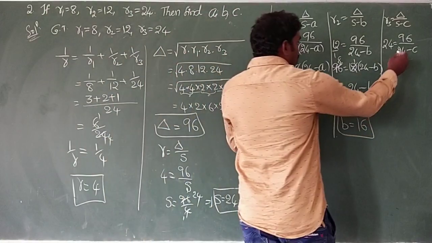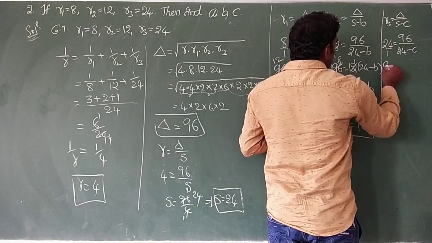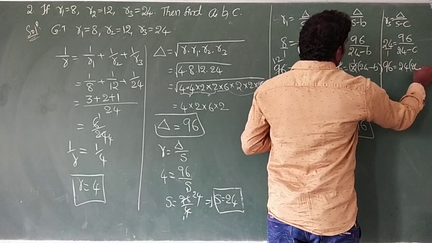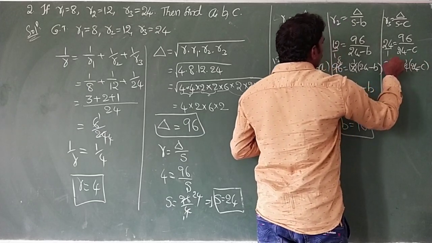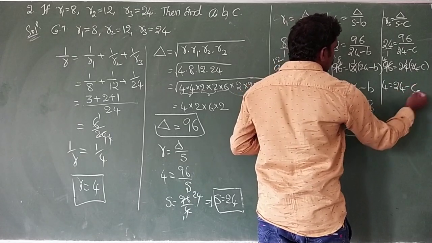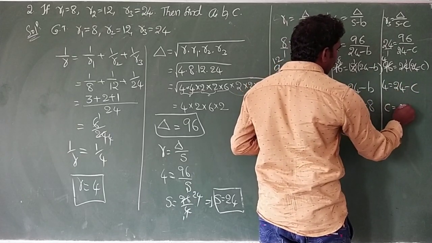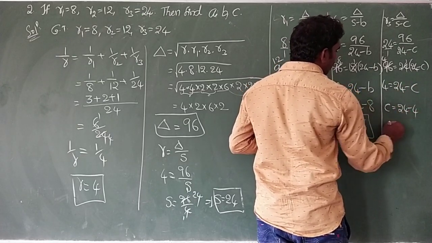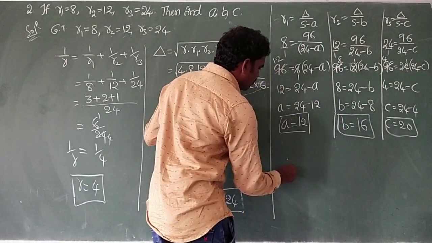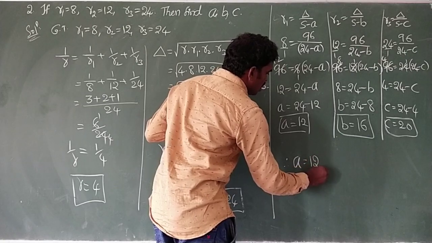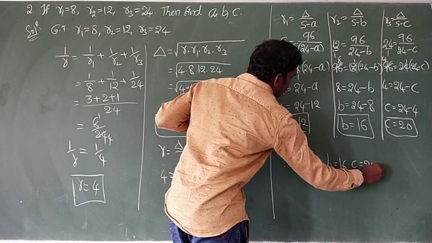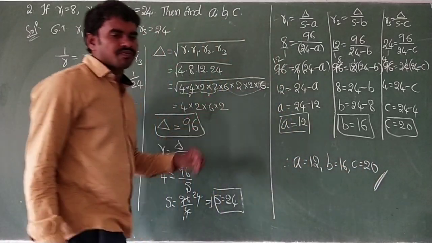So do cross multiplication. 1 into 96, 96 is equal to 24 into 24 minus c. 24 1s are 24, 24 4s are 96. So 4 equals 24 minus c. So minus c bring left side, then c equals 24 minus 4, then c equals 20. So what are the ABC values? Therefore a equals 12, b equals 16, c equals 20. So this is the answer.